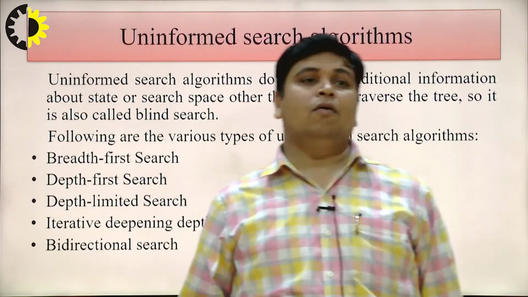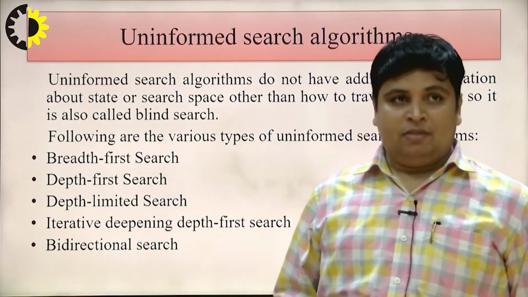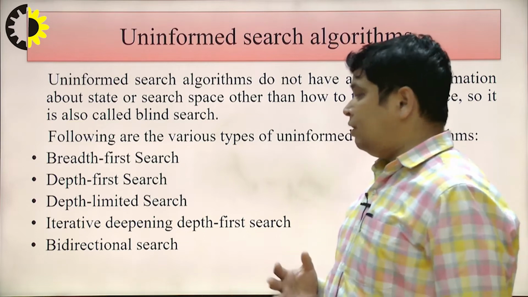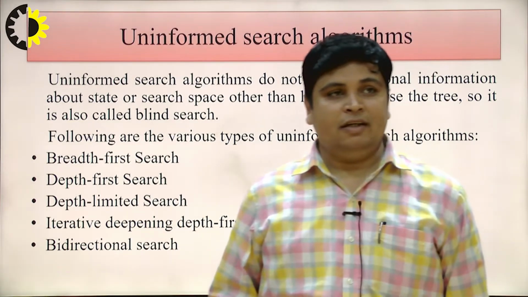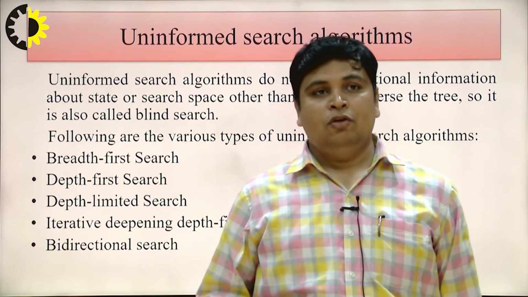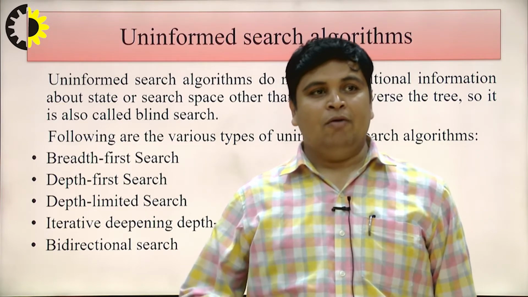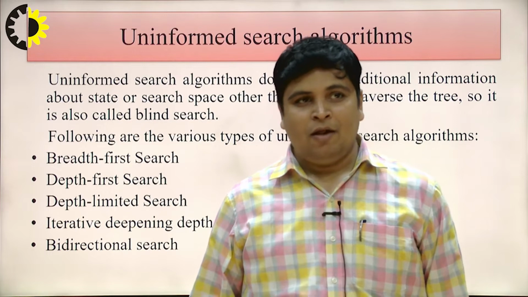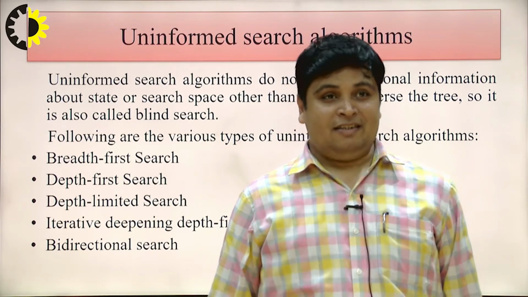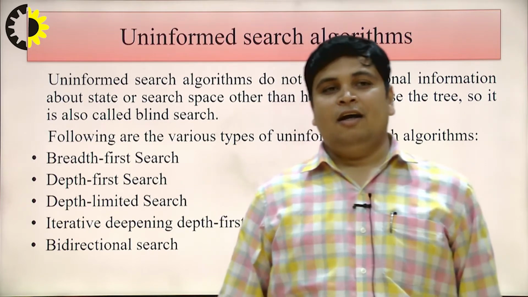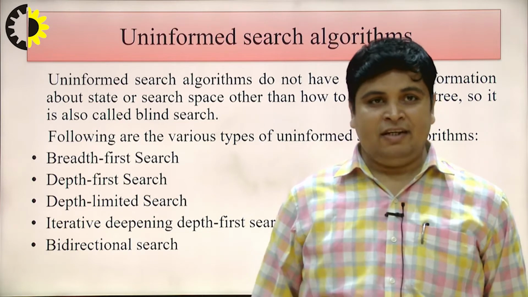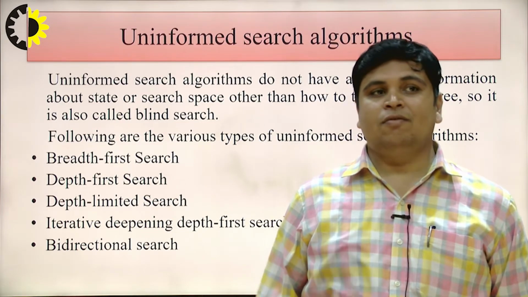Now, uninformed search. Uninformed search means a search algorithm does not have additional information about the state or search space other than how to traverse the tree, so it is also called a blind search.